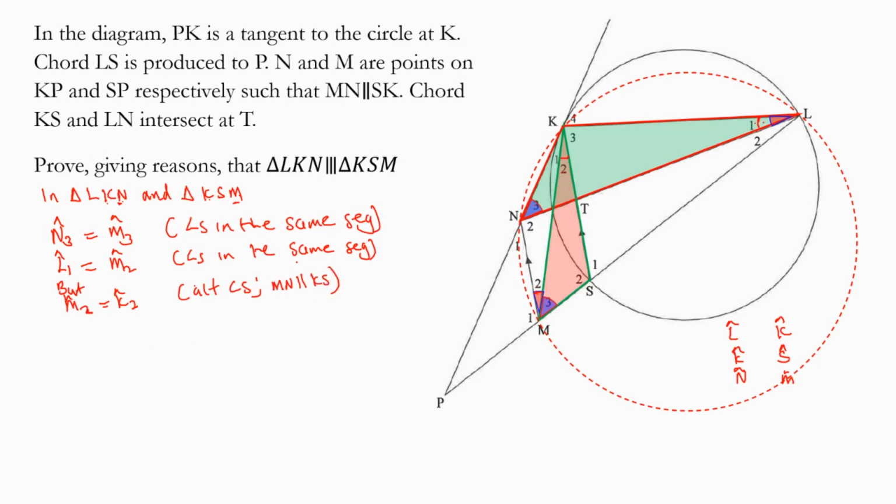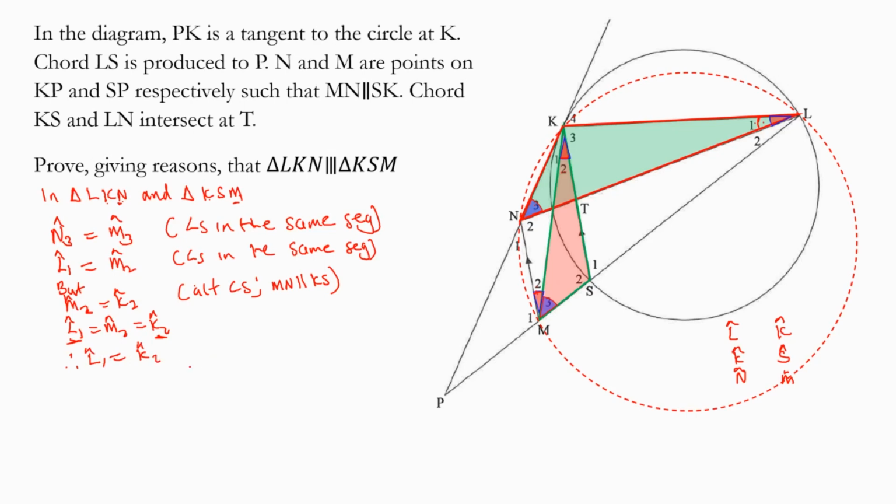So these two angles are equal. Therefore, since angle L1 is equal to angle M2, which is equal to angle K2, it means that angle L1 and angle K2 are equal. Therefore, angle L1 is equal to angle K2.